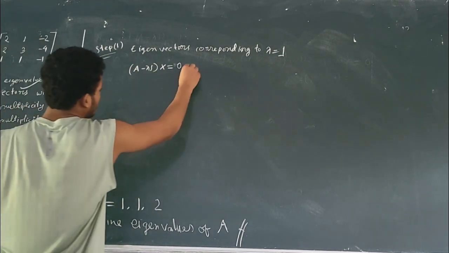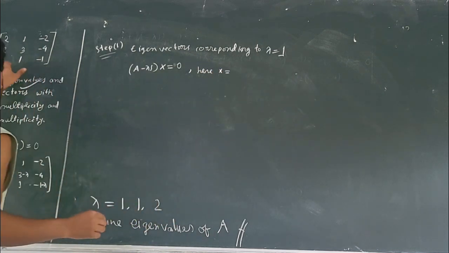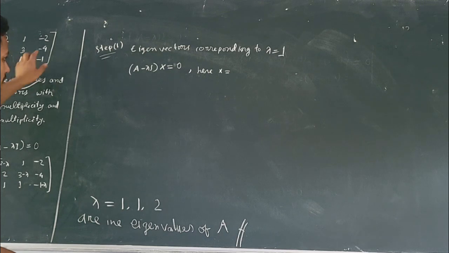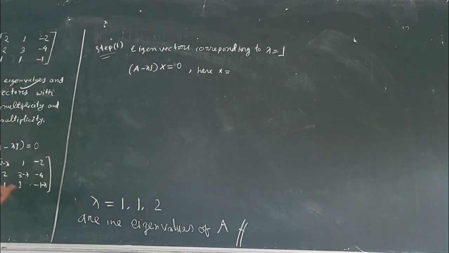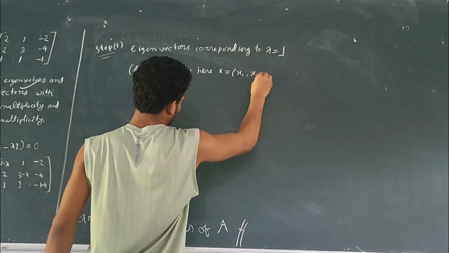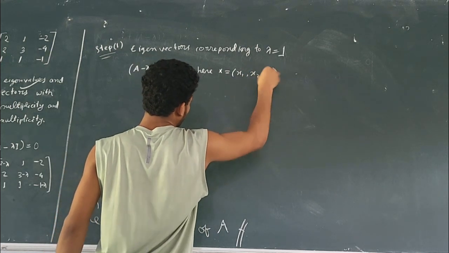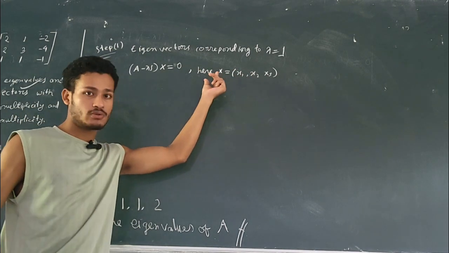So here, since it is a 3 cross 3 matrix and A minus lambda I will also be a 3 cross 3 matrix, x will be of the form x1, x2, x3.